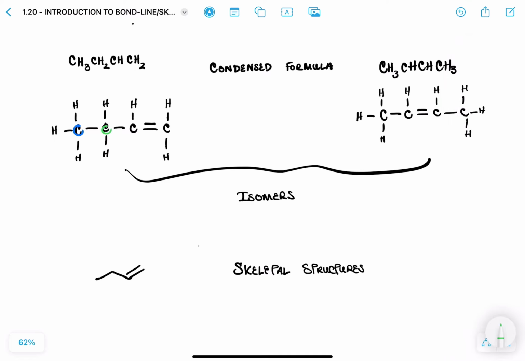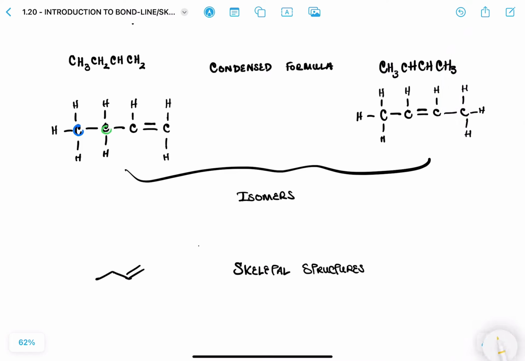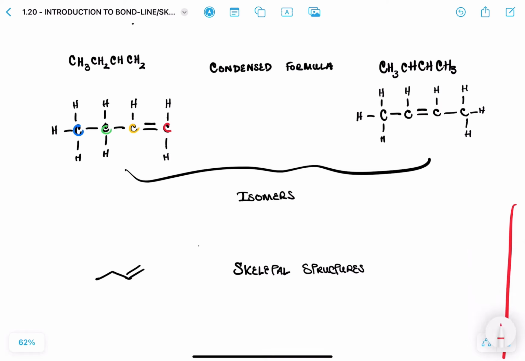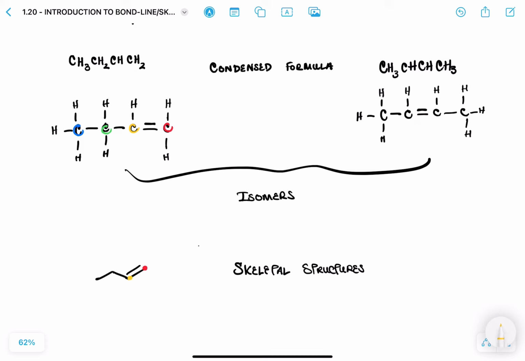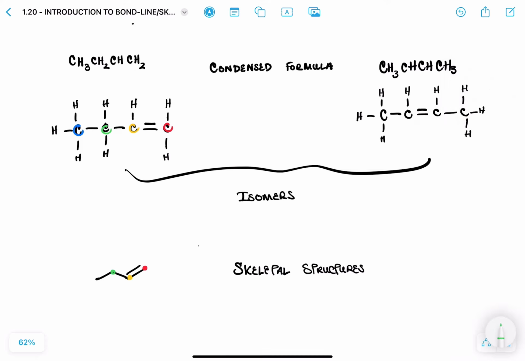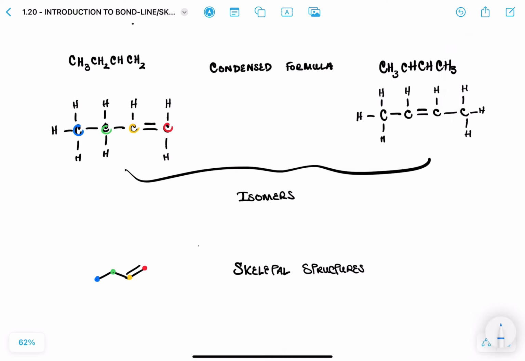This will be the second carbon. This would be the third carbon. And then lastly, this is the fourth carbon. So there's that. Let me erase this. There we go. And then now we have this, and this guy is there. And then lastly in blue, that is there.